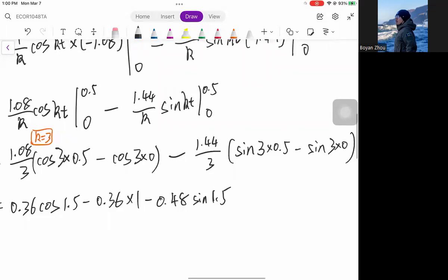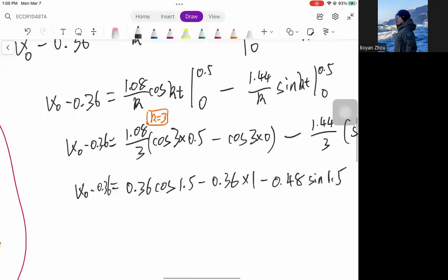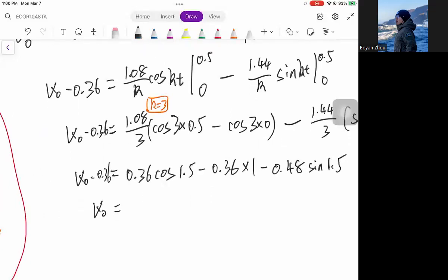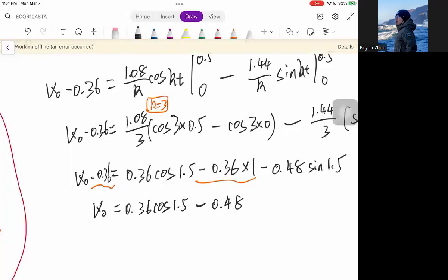And sine 0 is 0, so we don't write it down. And what we have is V naught equal to 0.36 cosine 1.5, and the middle term cancels out, just minus 0.48 sine 1.5.